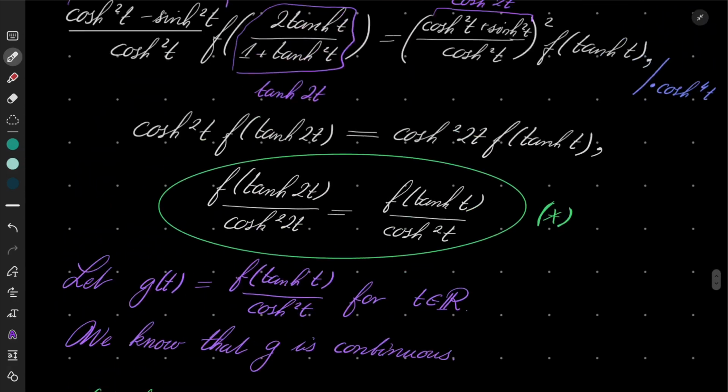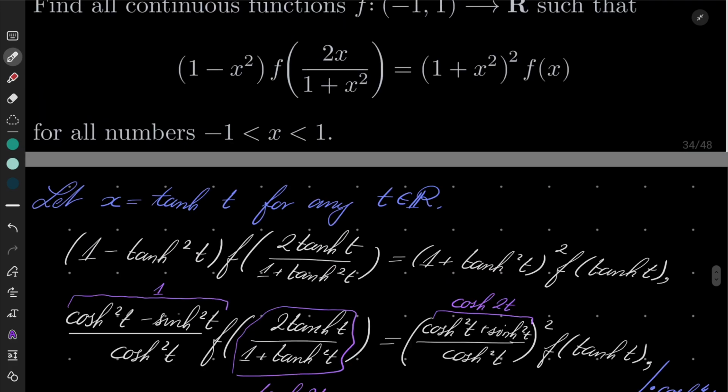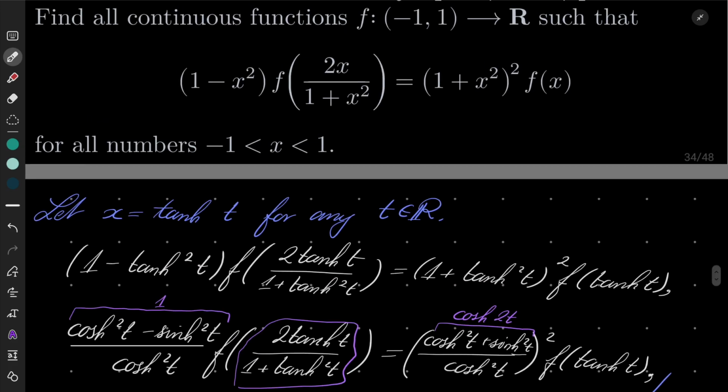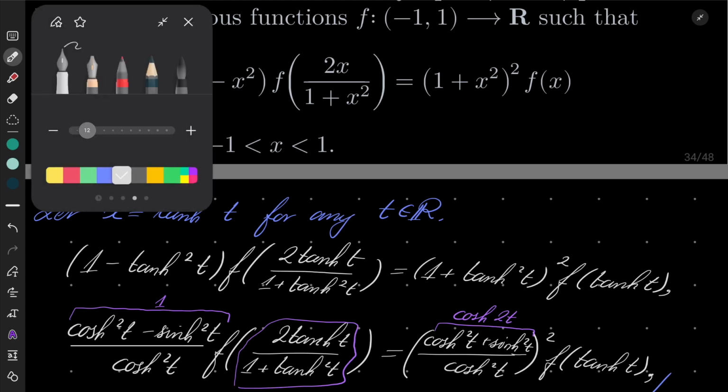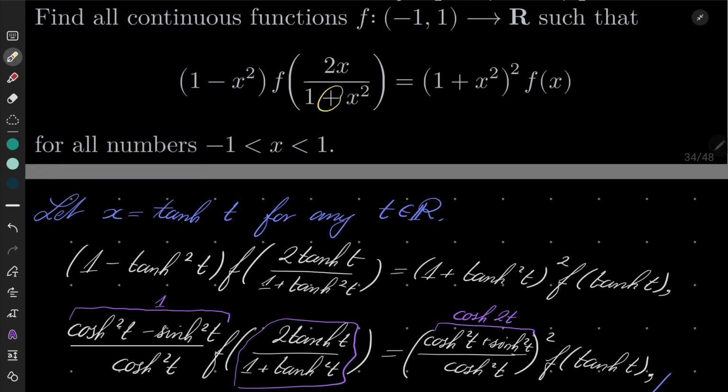And if you notice something which looks almost like trigonometric identities, but not quite, not the exact trigonometric identity, maybe think about hyperbolic identities. Because, for example, if there were a minus here, that would look like the formula for tangent of twice the angle. But we don't have minus, we have plus, so it's hyperbolic tangent of twice the argument, and so on and so on.